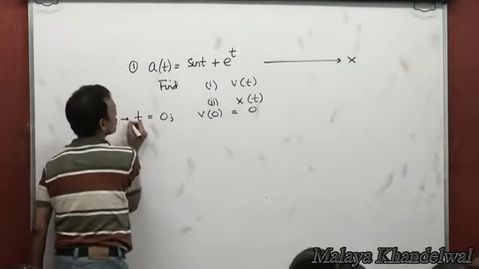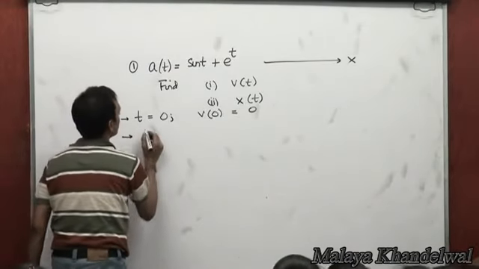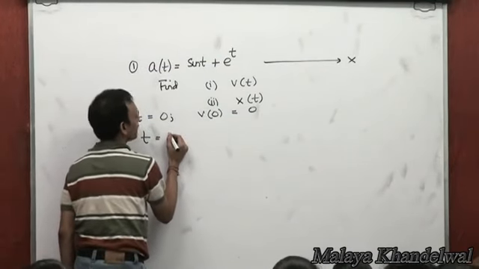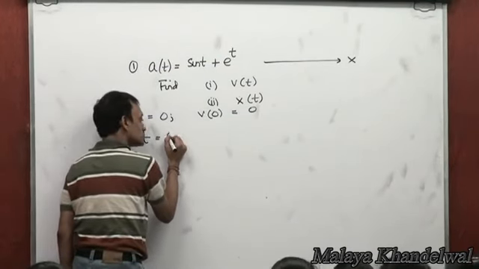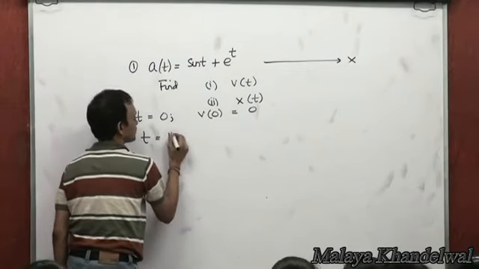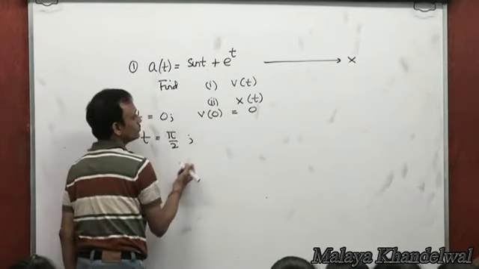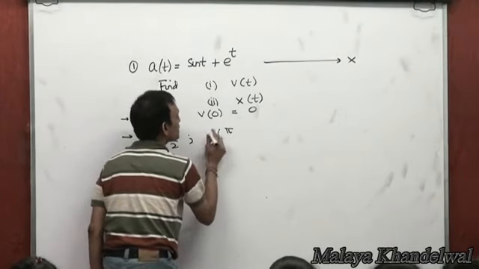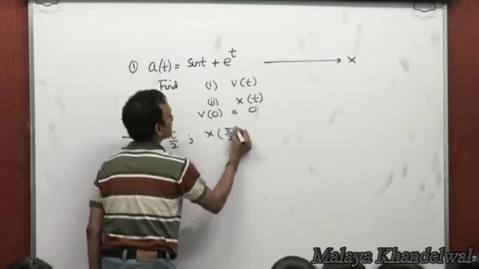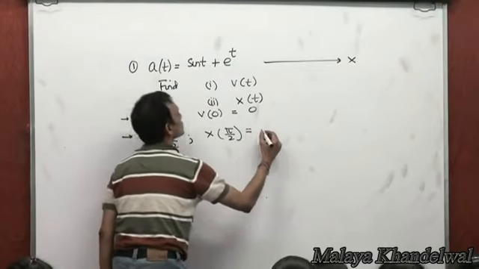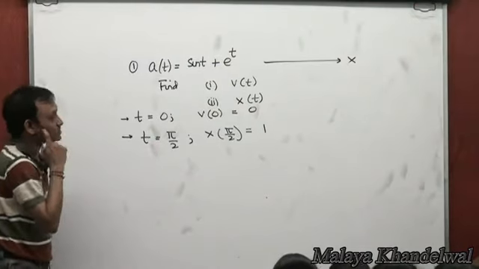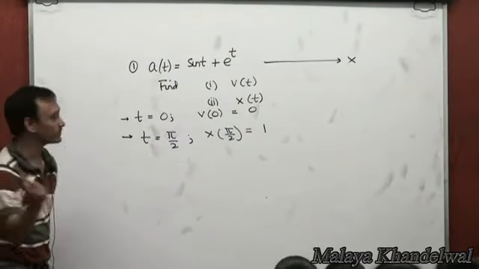Also, it's given that at t equal to pi by 2, the x coordinate of the particle was 1. Find velocity as a function of time and x as a function of time.